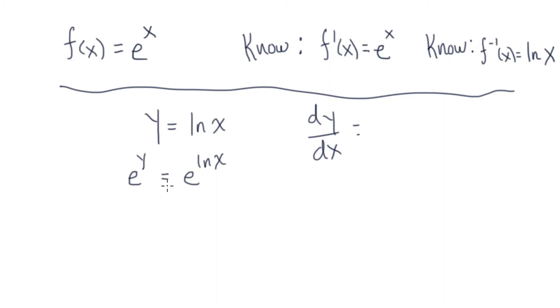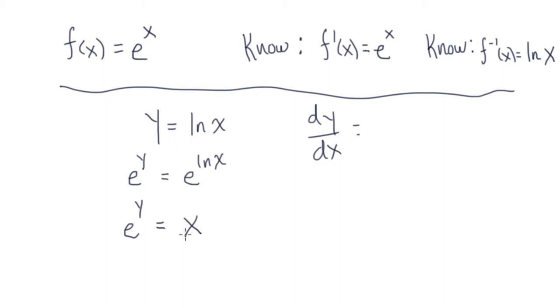So these are equivalent. And then e to the y, well, that's just e to the y. But the reason I did this is because when I compose e with natural log, so e to the natural log of x, because they're inverse functions, so I'm taking f of f inverse of x, that's just giving me x.